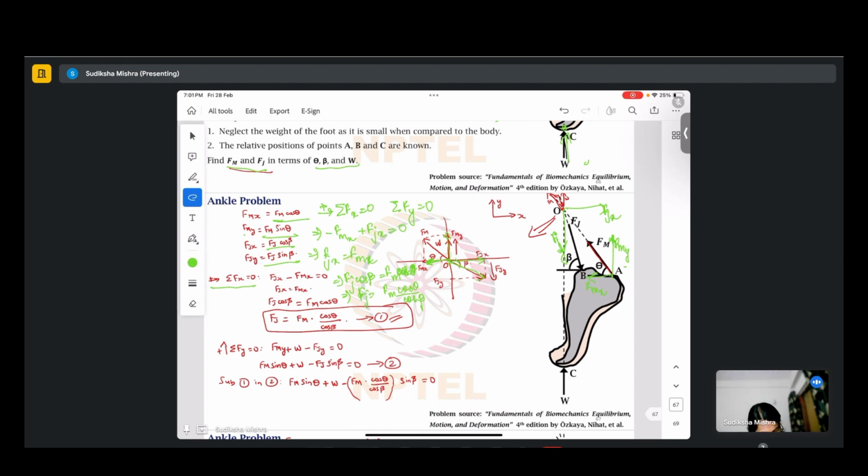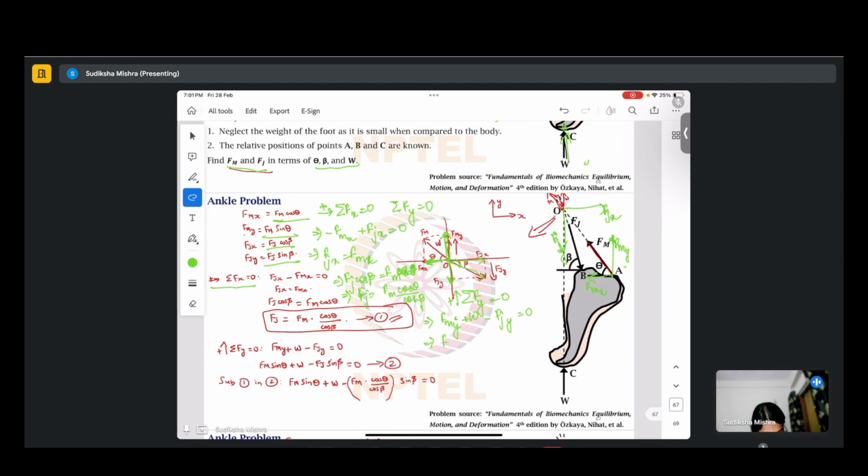Now we will write the equation for Fy, which is also 0 because it's a static problem, and this is the positive y direction. So in this there is the Fm y component, which is Fm sin theta, there is w along the positive y axis, and there is Fjy along the negative, and there are no other forces involved.